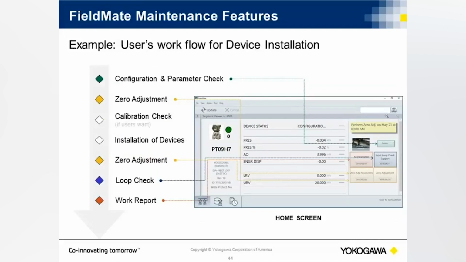Here we have a view of the workflow for device installation. Some other features that are available are zero adjustment, loop check, and a one-click work report that generates a parameter list and alarm settings for a particular type of transmitter.